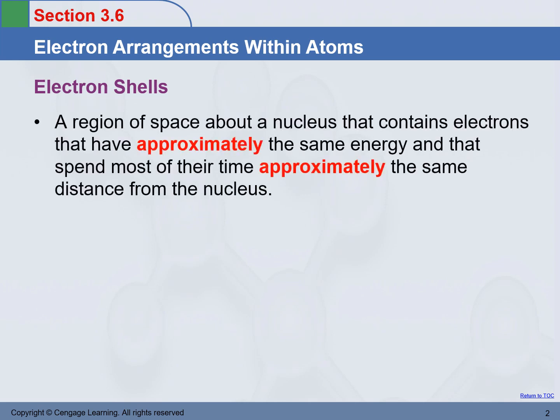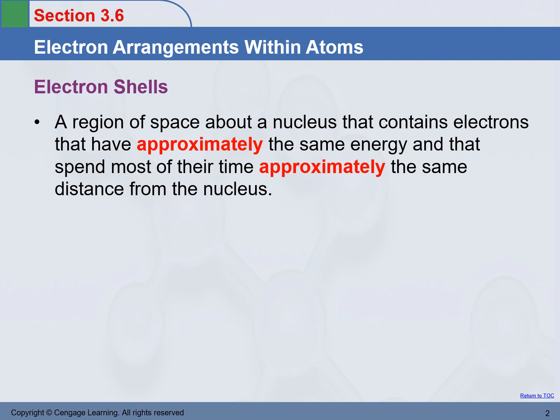It is a region of space around a nucleus. Those regions contain electrons. Those electrons inside a shell have approximately the same energy, and they spend most of their time approximately the same distance from the nucleus.